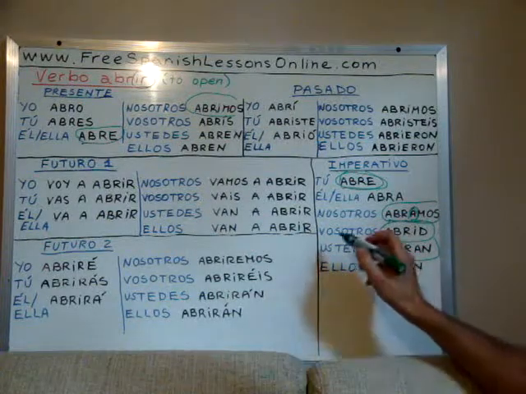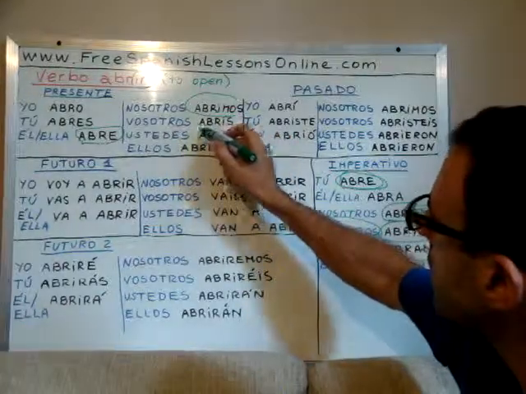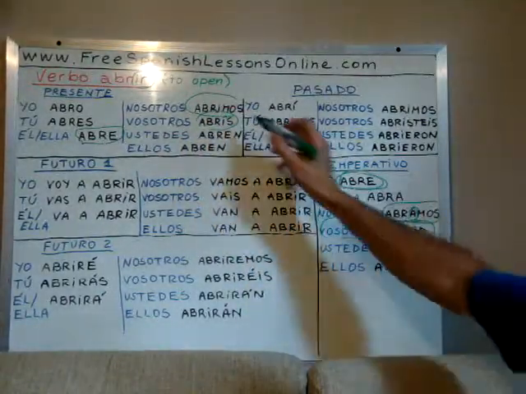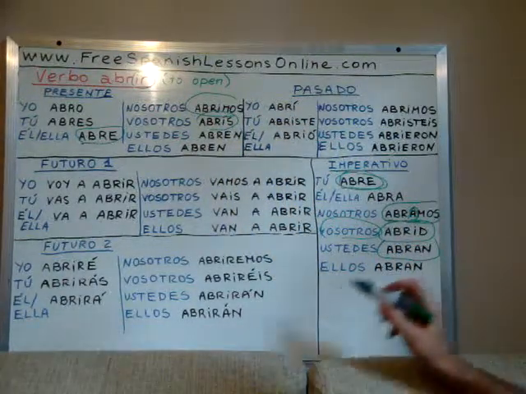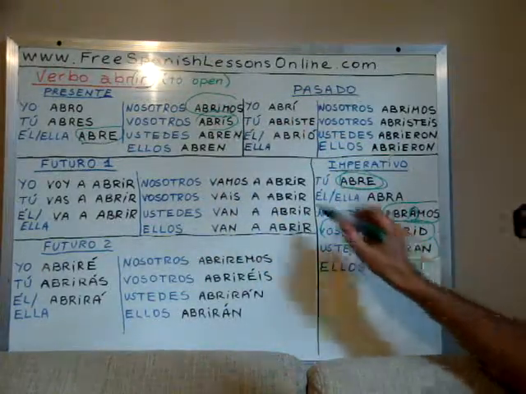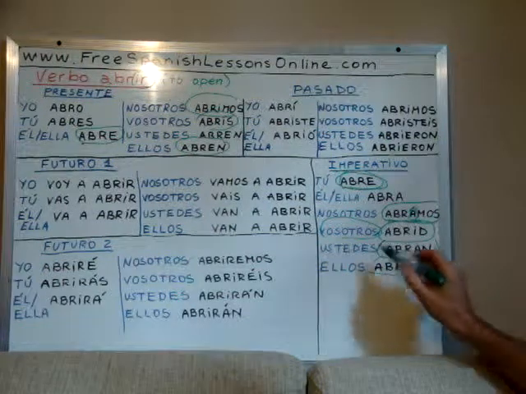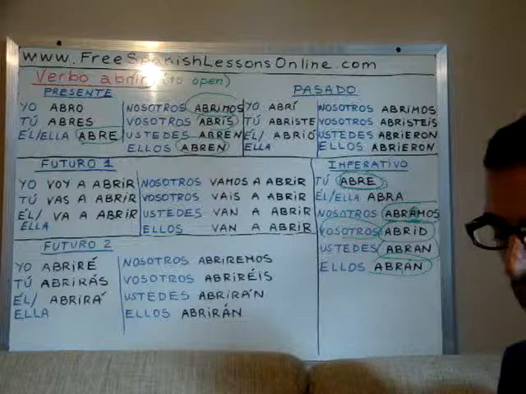Vosotros, for you plural. You see, here, abrid, we change the S for a D, right? And for ustedes and ellos, also, look. You see, abren and abran, we change the E for an A, and we have the imperative.